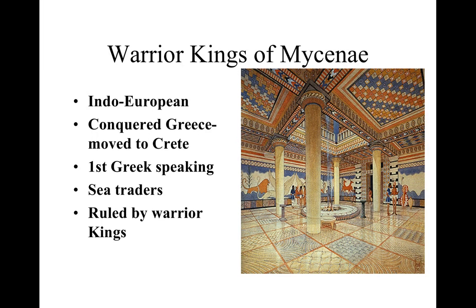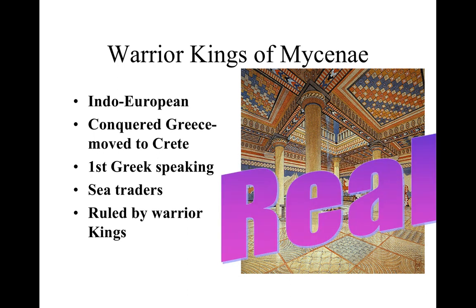And finally, they were ruled by a group of kings, or over time, a group of kings that were known as warriors. There was a warrior society. All right, so we look at whether they were myth or real. They were indeed real. Okay, so the warrior kings of Mycenae, real group, a real civilization in Crete.